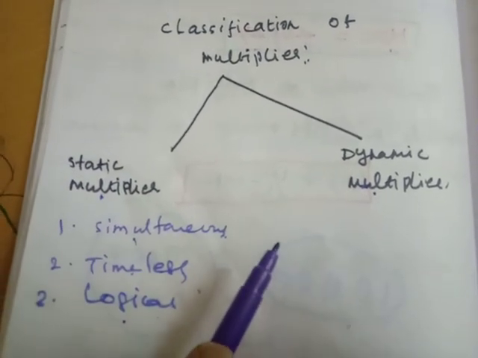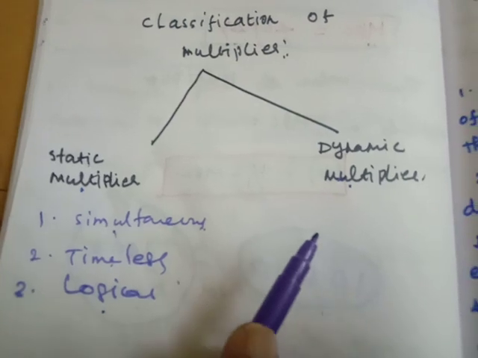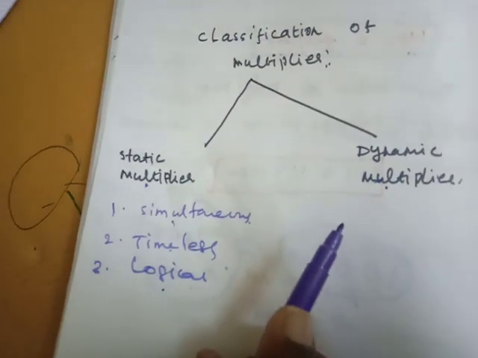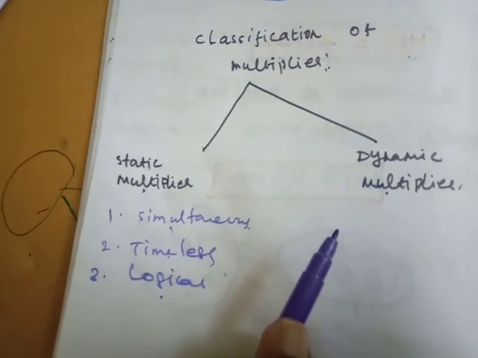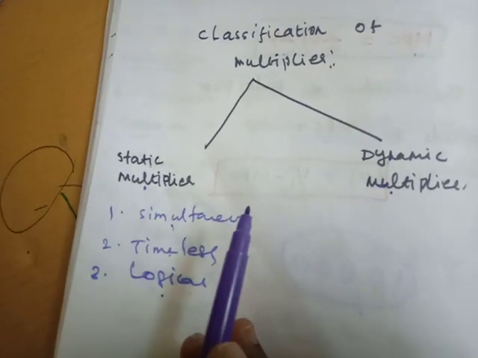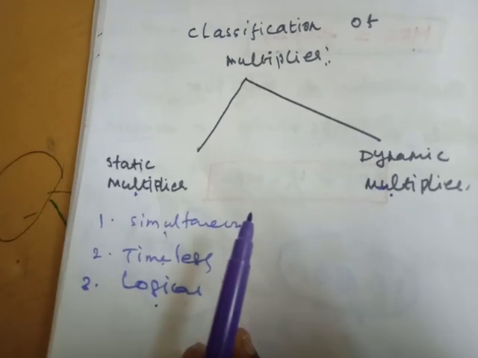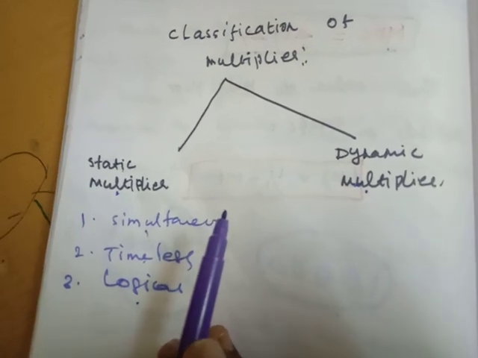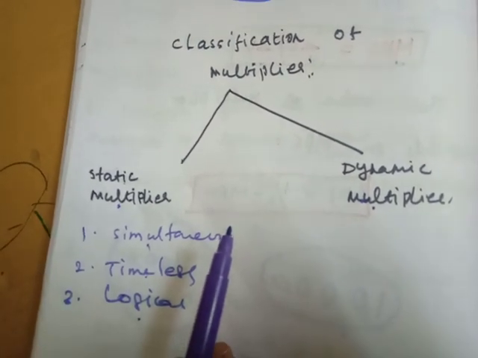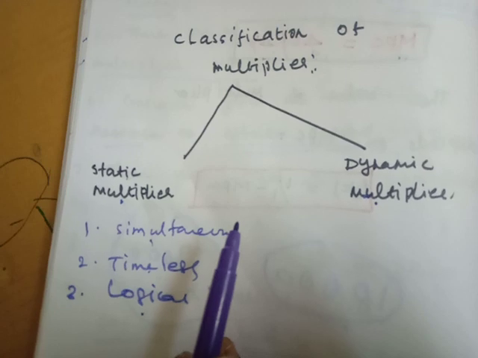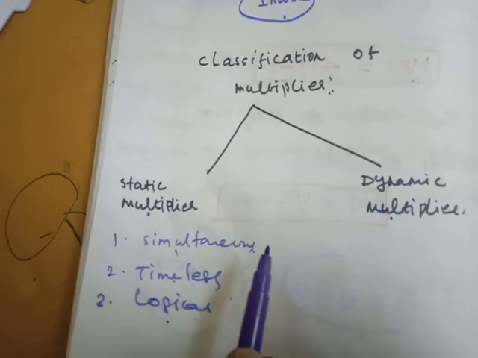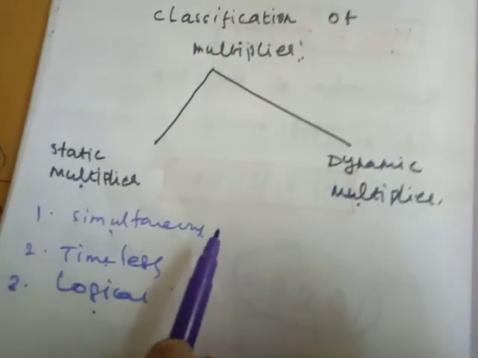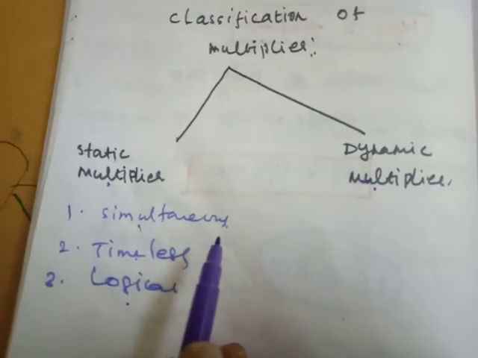Under the static multiplier, the change in investment and the resulting change in income are a simultaneous process. When the investment changes, the income changes simultaneously. There is no time gap between income changes and investment changes, and there is no change in the marginal propensity to consume as the economy moves from one equilibrium position to another.